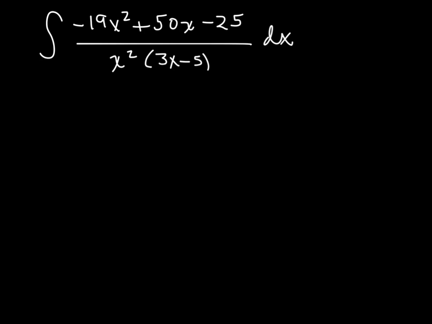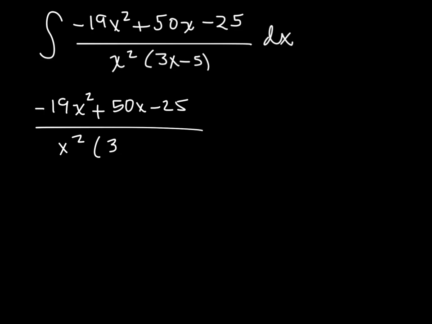Alright, so we have another partial fraction that we want to set up: negative 19x squared plus 50x minus 25 over x squared times 3x minus 5. So we want to set up our denominators. The x squared we need to separate.